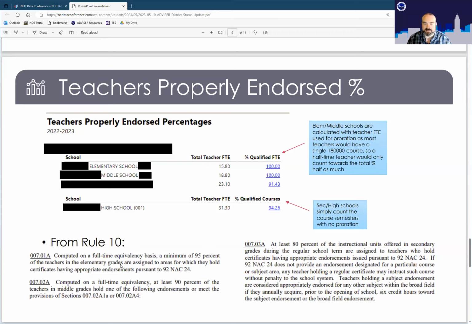And like it says, it's based on a full-time equivalency. For middle schools, it's looking for 90%. And for high schools, it's looking at 80%. But I just wanted to include the language directly out of the rule, in case you're wondering where this comes from.